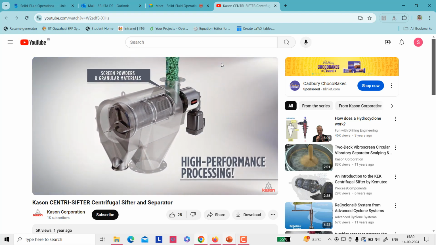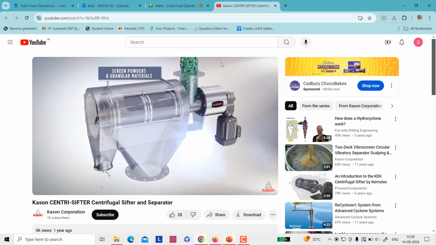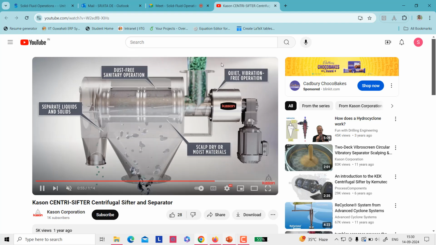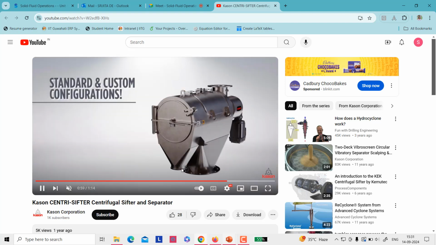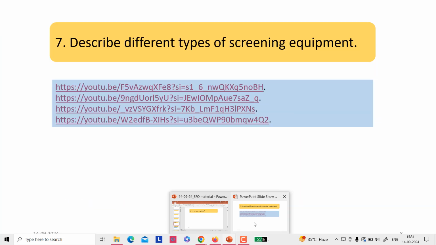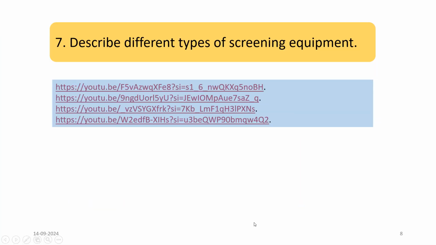You can see that powders and granular materials come in as feed, and with the help of these helical paddles, the dry or moist materials are separated from here, and liquids and solids are separated from this portion. This is a dust-free operation. Fine particles are collected from the bottom. So these are the 4 types of screening equipment used in the industry.